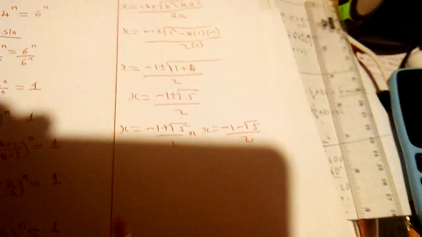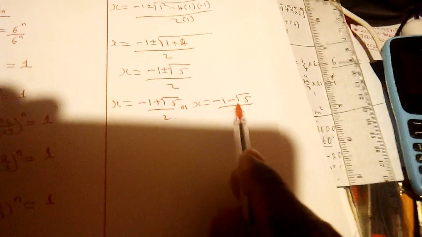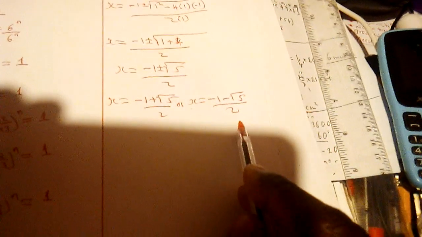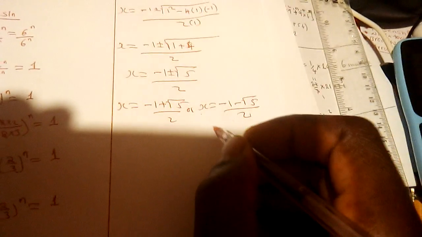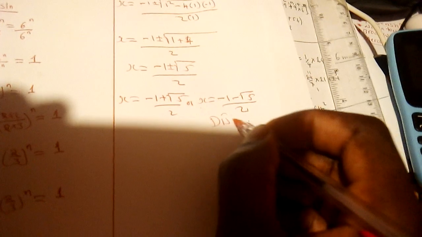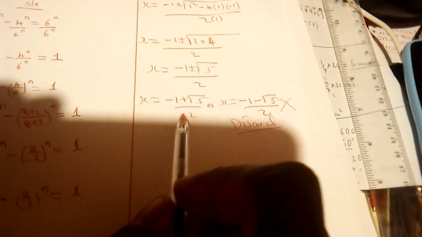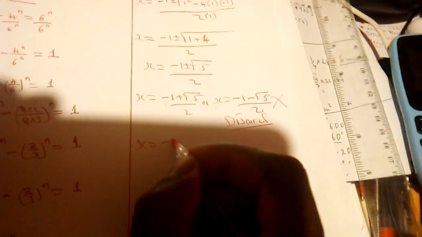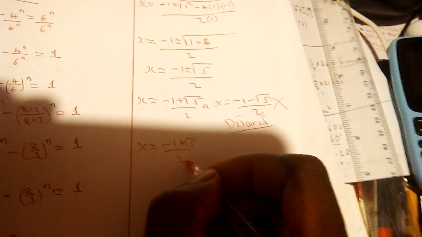But if we go by x equal to minus 1 minus the square root of 5 over 2, we discard this because we're going to have a negative value of x, and we are trying to avoid negative x values. Therefore, this one will be discarded so that we maintain this one. So x is negative 1 plus root 5 over 2.